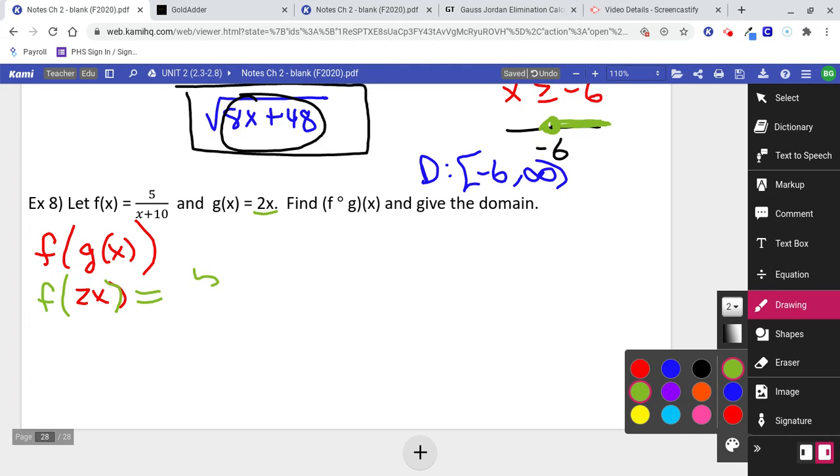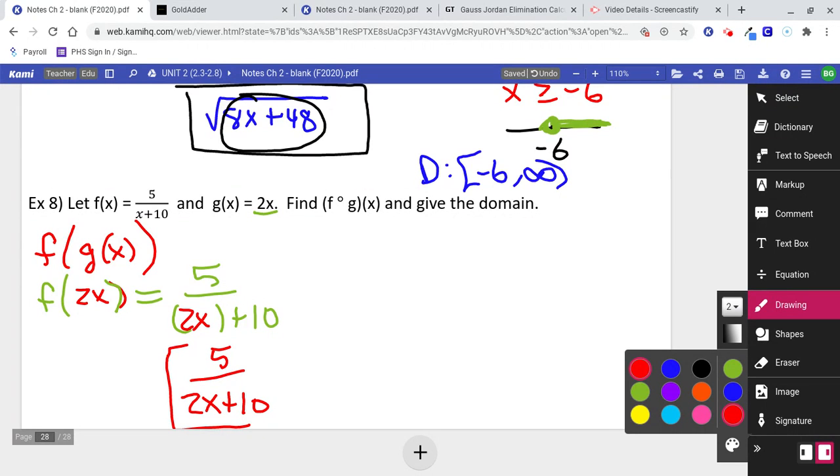The f function says 5 over something plus 10. I've written a lot, but all I'm doing is plugging one function into the other. Plug the 2x into the other function. You've got 5 over 2x plus 10. Can't reduce that, so just leave it alone. There it is.